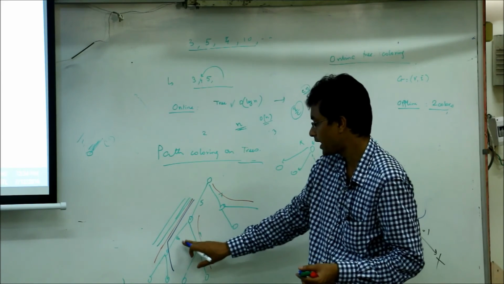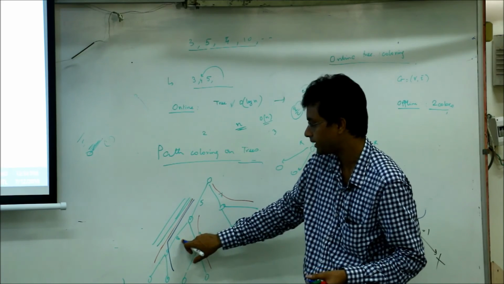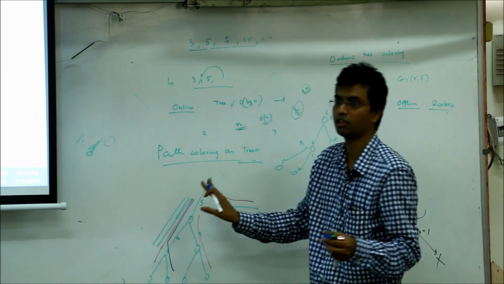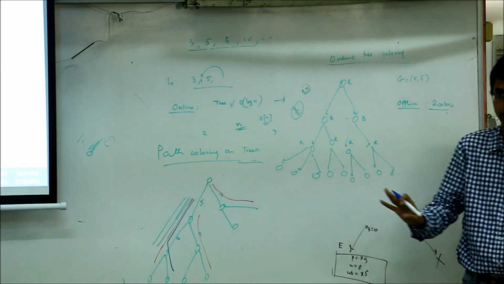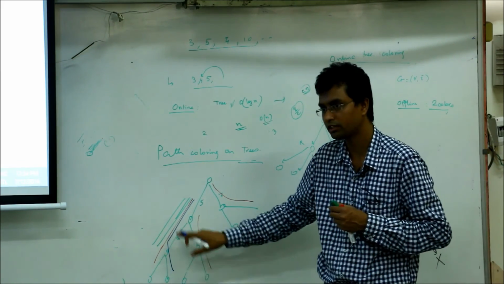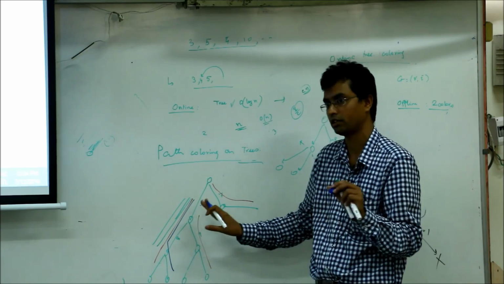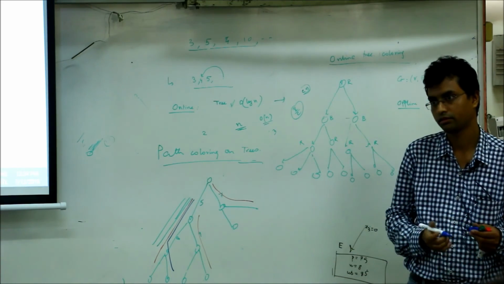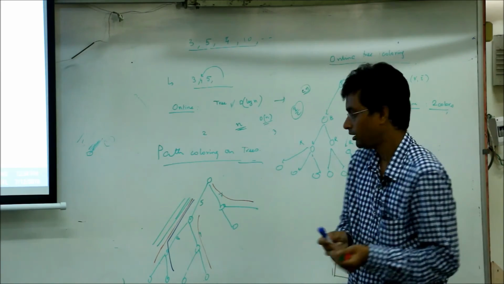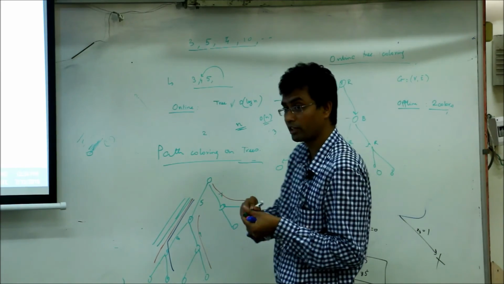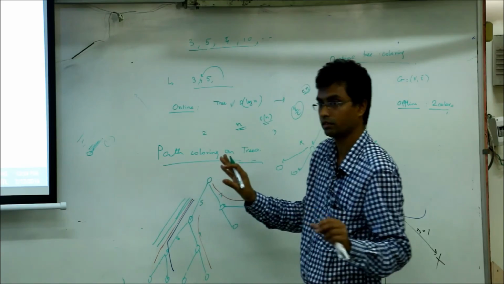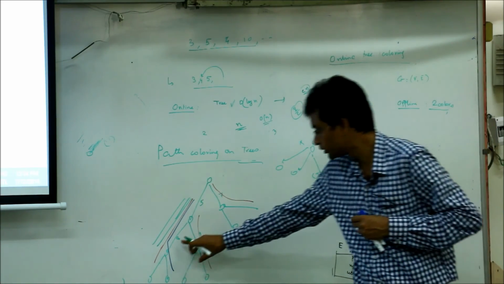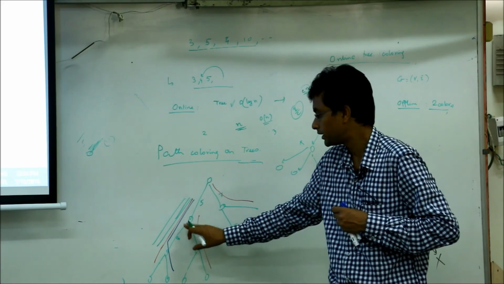The constraint is that at most 8 paths which pass through this edge can have the same color, and this should be true for all the edges. There can be more than 8 paths, but then you have to give them different colors. You cannot give them the same color.